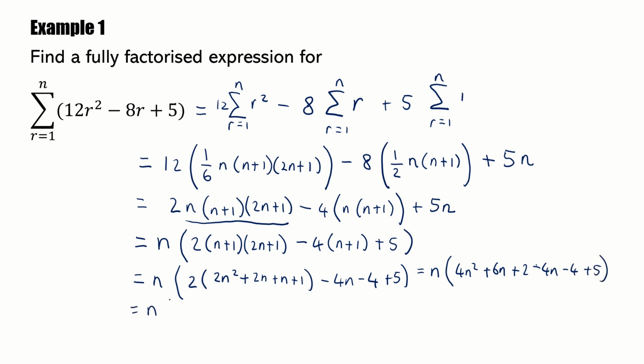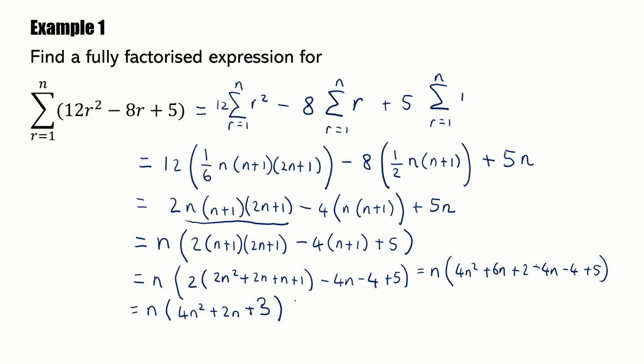We've got the n out the front still, and then we can make the quadratic in its final simplest form. So 4n squared plus 2n, and then we have a 2 minus a 4 plus a 5 is a plus 3. Oops, if I can write a plus 3. There.